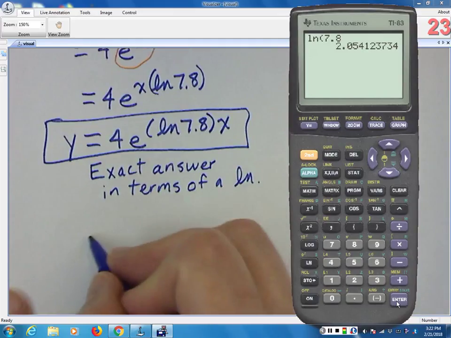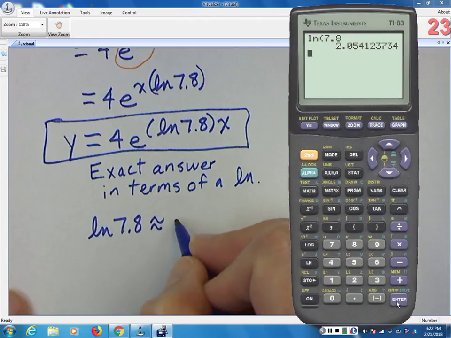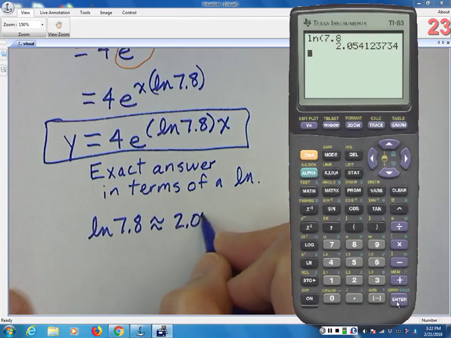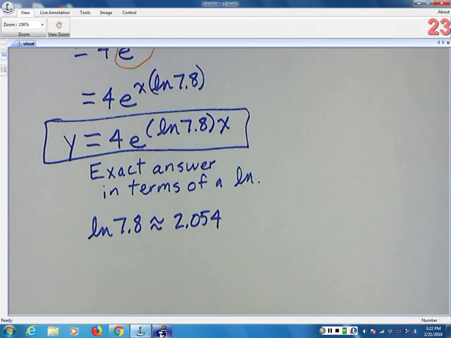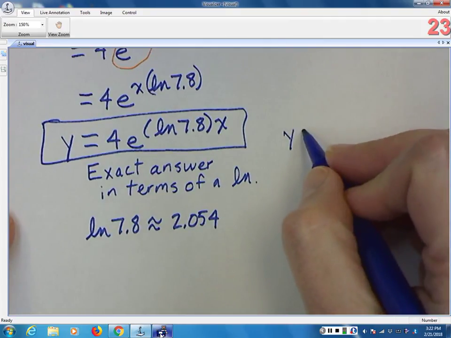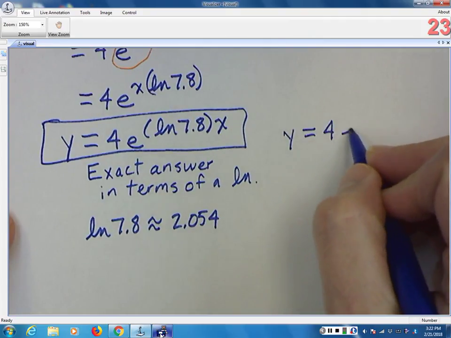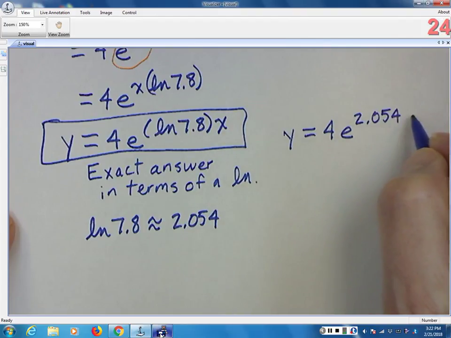So natural log of 7.8 is approximately 2.054. So what this question wants, the approximate answer, is y equals 4e to the 2.054 times x.